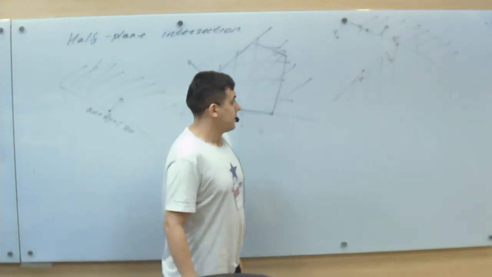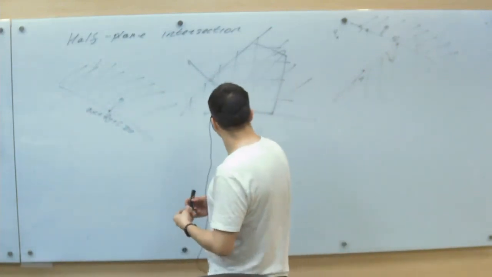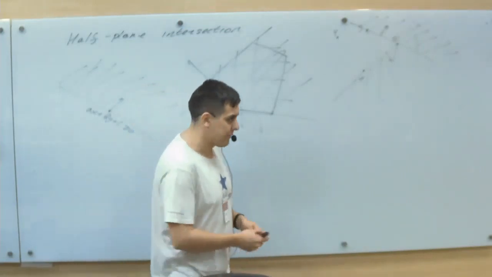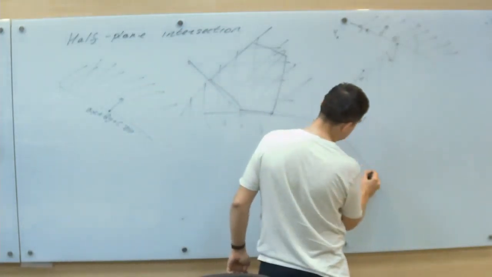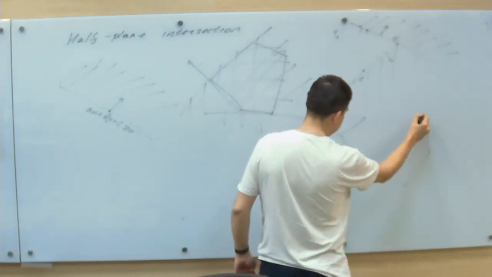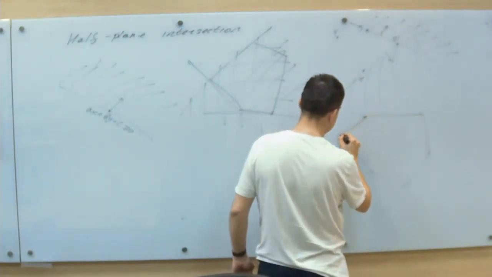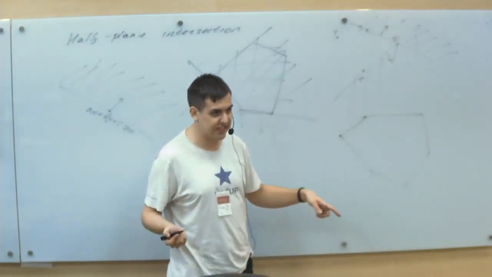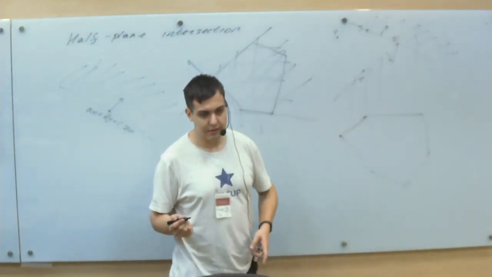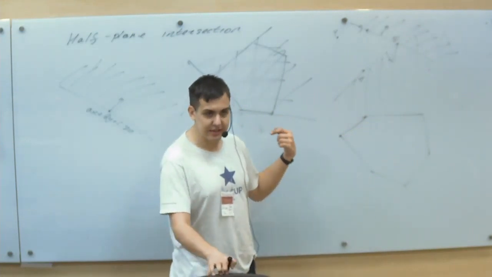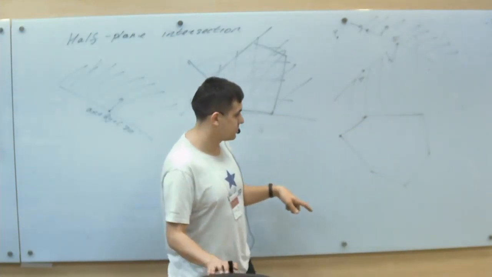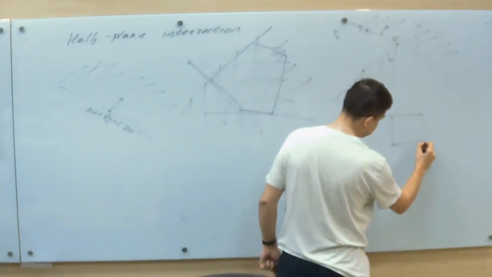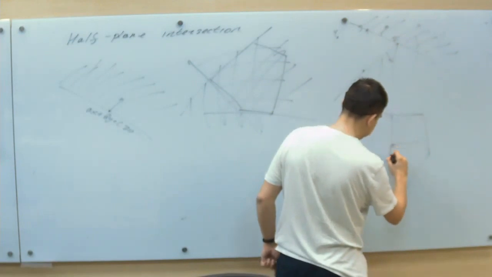Okay, and another example of the problem, we have a convex polygon. And we need to find the point inside the polygon such that the distance to the nearest side is maximum possible. So we want to find the point such that the distance to all sides is maximum possible.